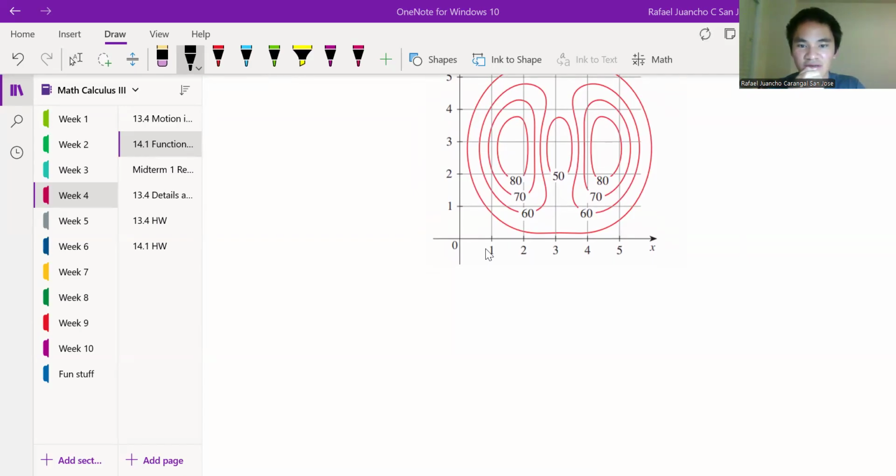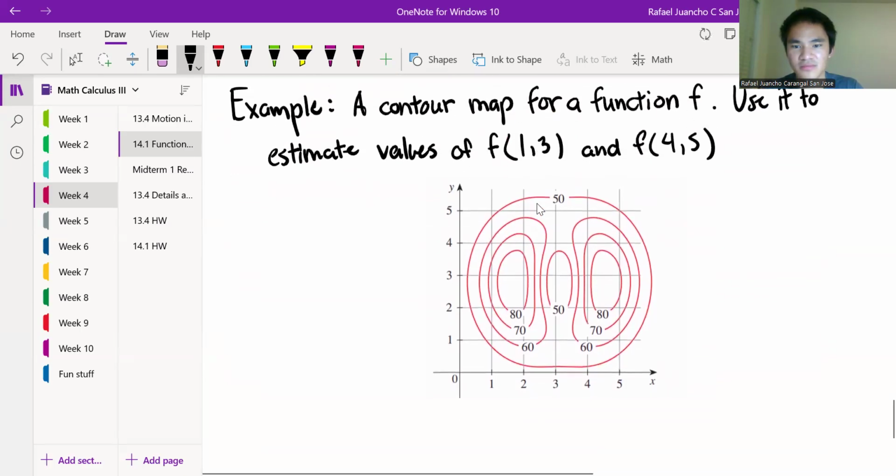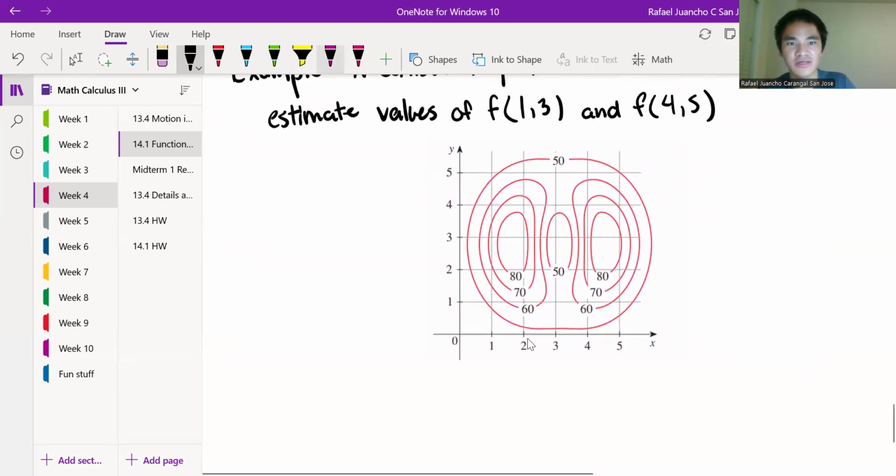So here we see that f of 1, 3 lies partway between the level curves with z values 70 and 80, right? So if we look at 1 for our x, 3 for our y, it's somewhere here, right?